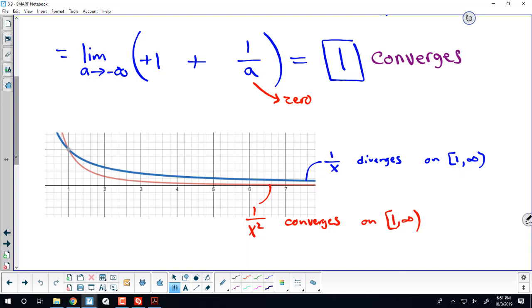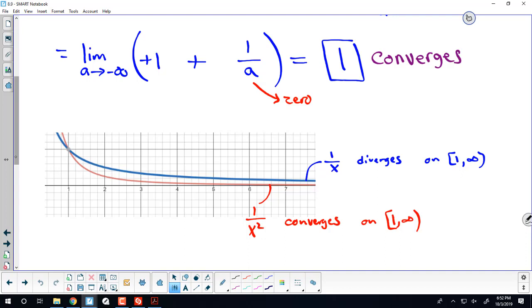So here in blue was the 1 over x function that we had prior. We worked that example and said that the area from 1 to infinity was infinite, it diverged. But the graph in red, 1 over x squared, converges from 1 to infinity. We sort of alluded to why that might be the case, and it has to do with how fast things are decreasing.